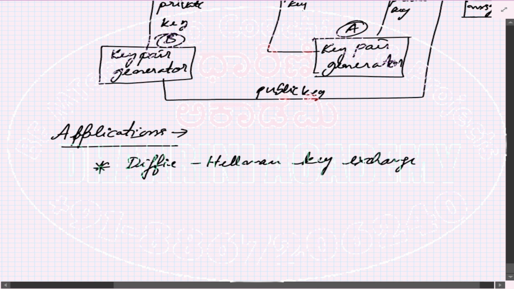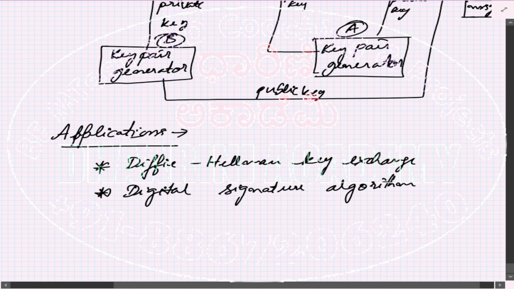We can use it over here. And another, the first one is related to encryption and decryption, and the second one is authentication based. This is called the digital signature algorithm. So it is widely used in these cases.